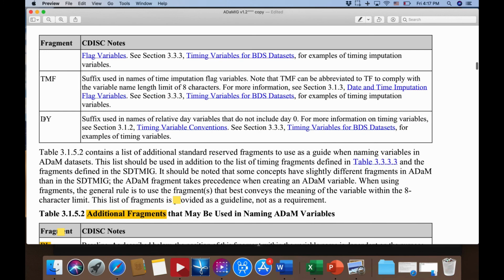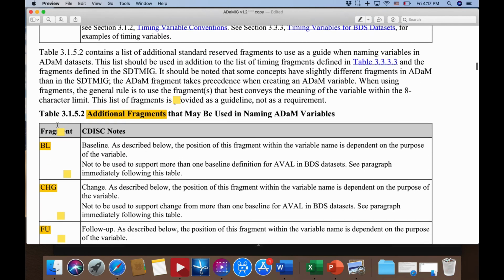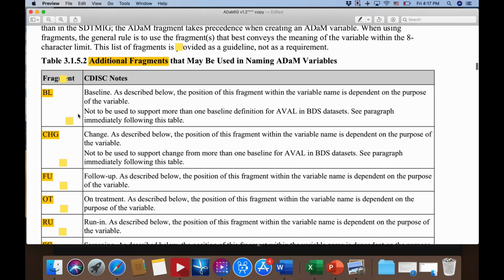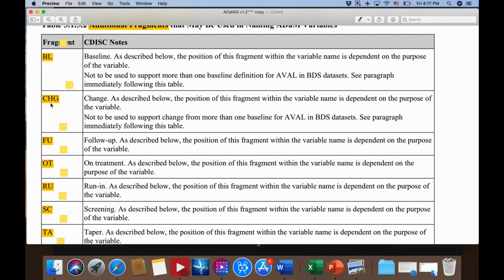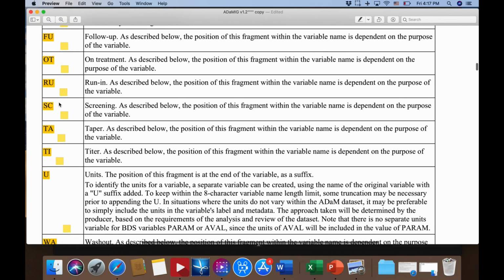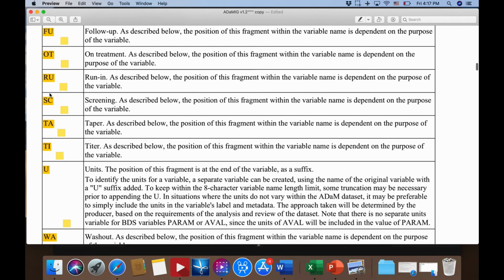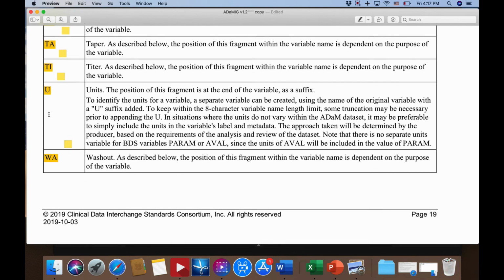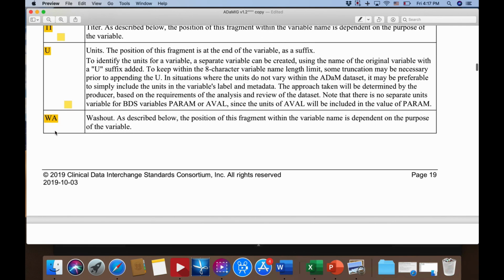You have DY, the relative day. You have additional fragments for the naming convention. For example, the baseline BL, CHG for change, FU for follow-up, OT for on-treatment, RU for running, SC for screening, TA for table, TI for title, and the units, and you have washout.